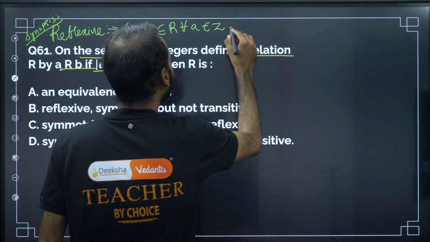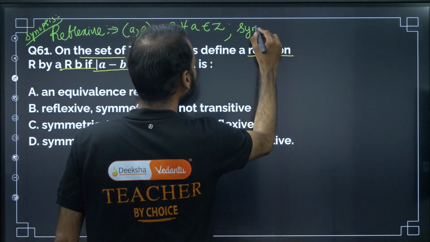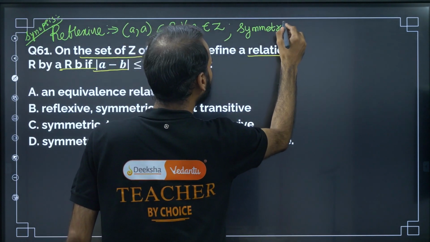So reflexive. Next one, symmetric, next, transitive.